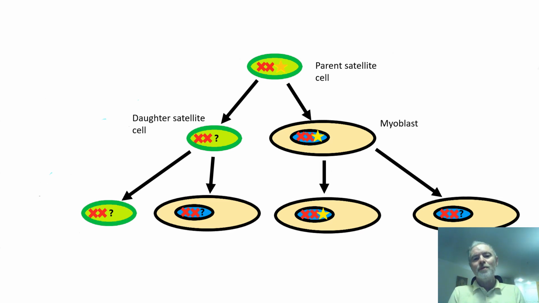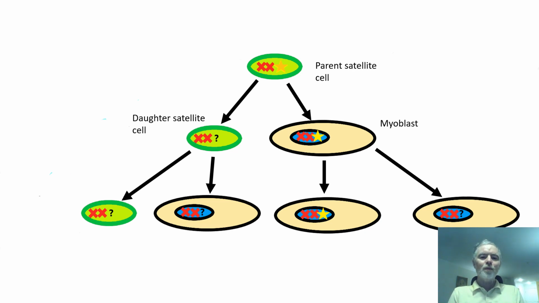Okay, so the way that the cell division happens for the satellite cells, which are shown in green, is if a muscle fiber either needs to be replaced or to grow larger, the satellite cells divide in a special way.